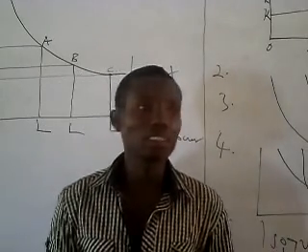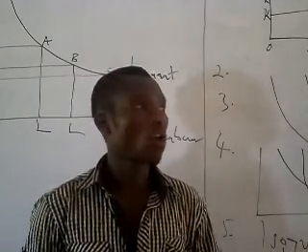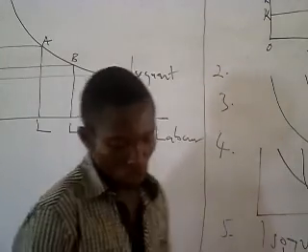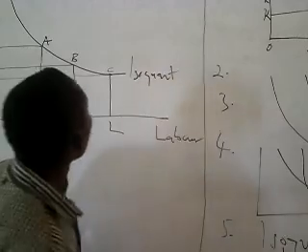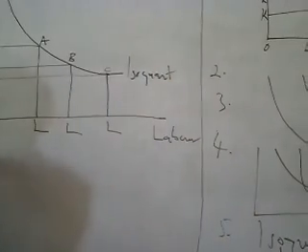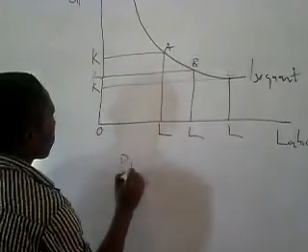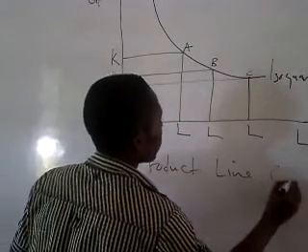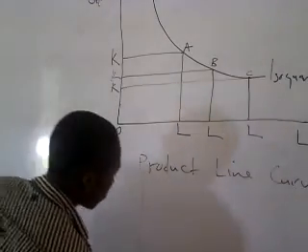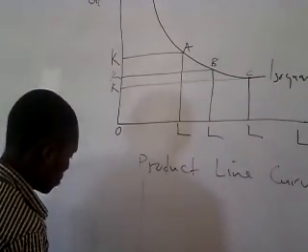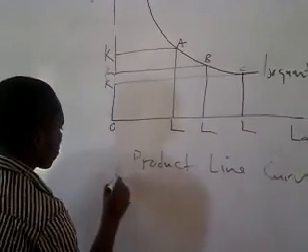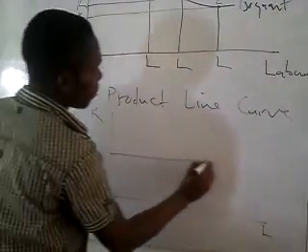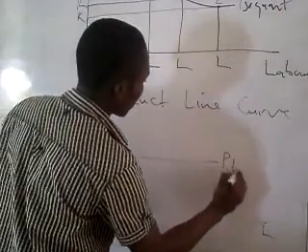It simply means a product line combines two or more isoquant curves. So let's look at how a product line curve looks like. This is how a product line curve looks like.